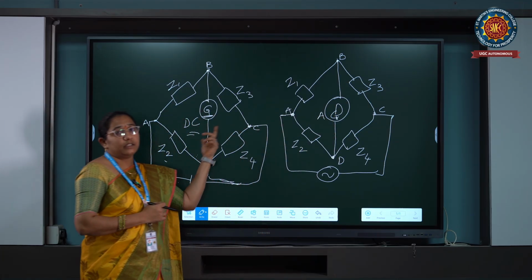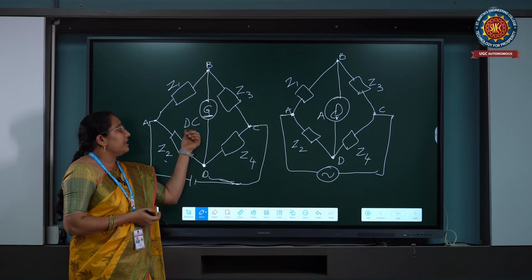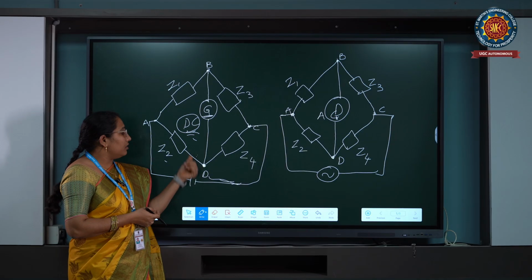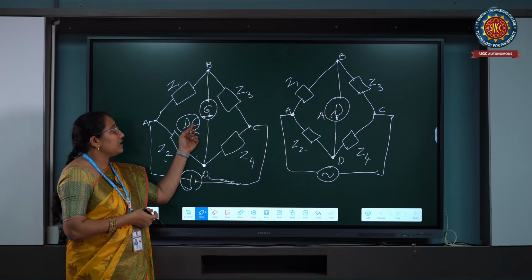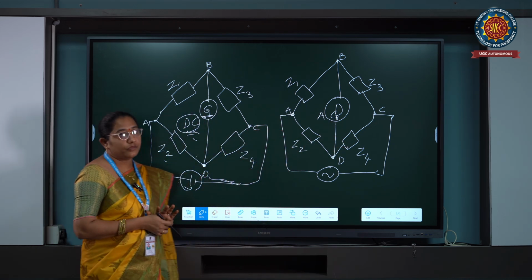Why two names? Because here we don't consider frequency and we give only constant voltage, that is why it is named a galvanometer, and this one is a detector.